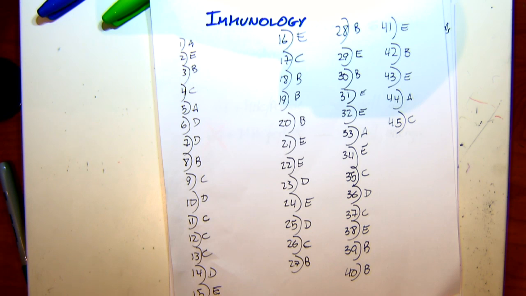46 says, which of the following proteins are used to slow down the activation of complement? Factor P is used to increase complement activation, and then DAF and MCP are both used for slowdown, right?